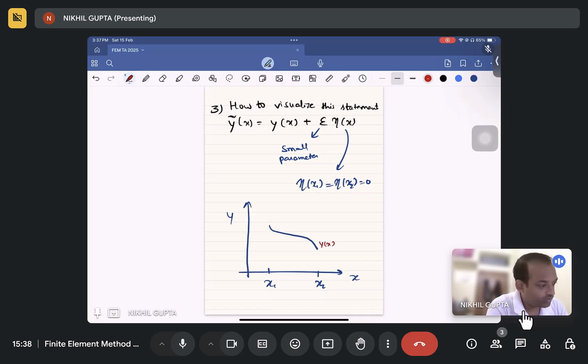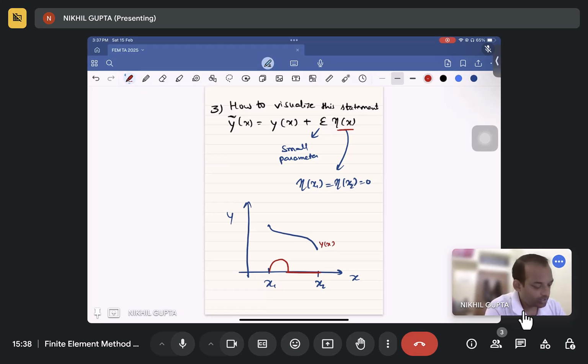Now you have to find an optimum function from x1 to x2. Let's say you have this arbitrary function as this.